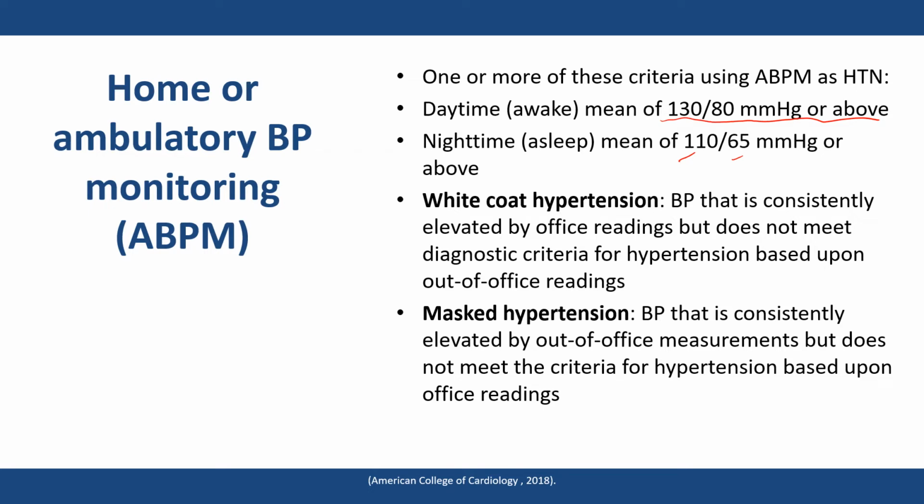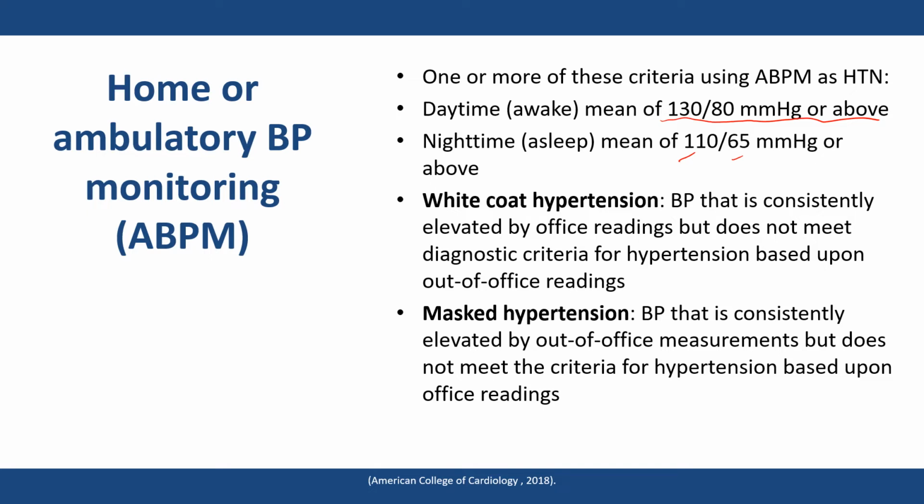So it's very important for our patient to have a log sheet, and you tell them, I'm not going to diagnose you based on one number here in the office. Here's the log sheet, and I want you to check blood pressure in the morning when you wake up and at nighttime, and then you bring that log, and then we will go from there.